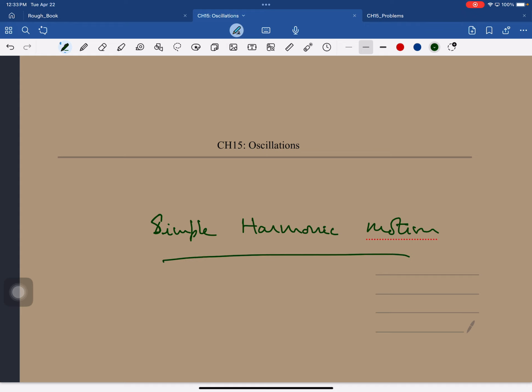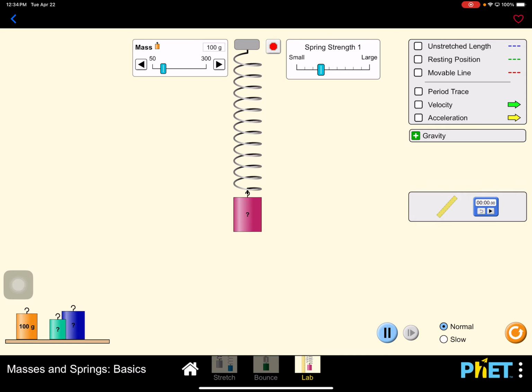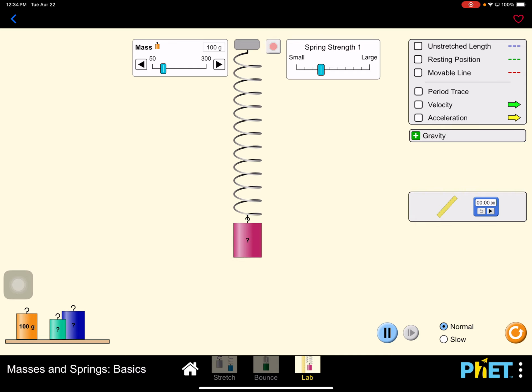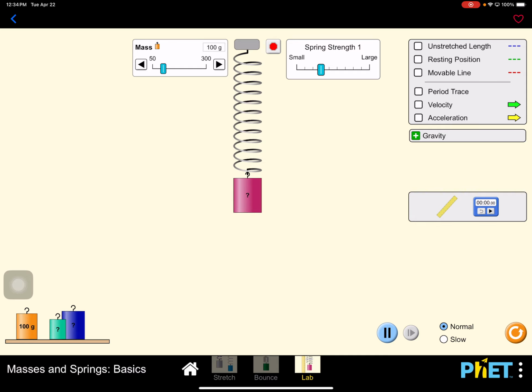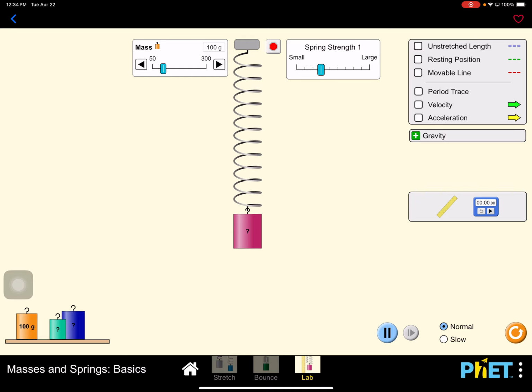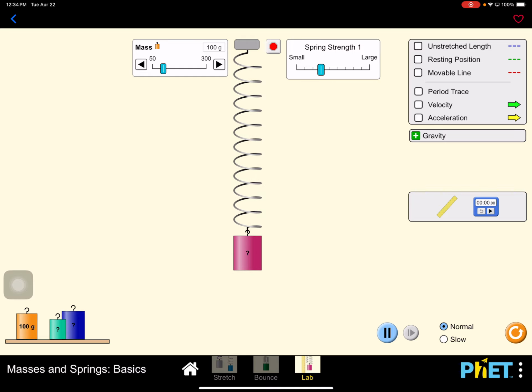You can see this oscillation. It's got a small amplitude. So you can time how long it takes for one oscillation and get its period. Or you can do this. Now the oscillation has a larger amplitude.